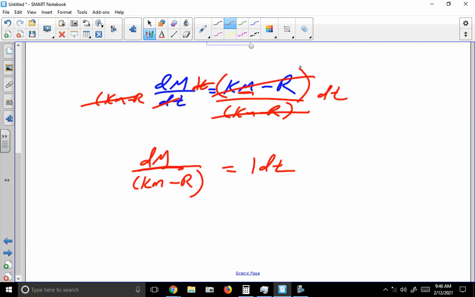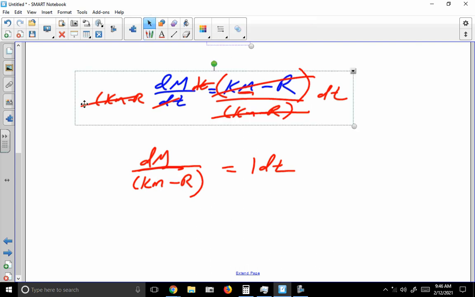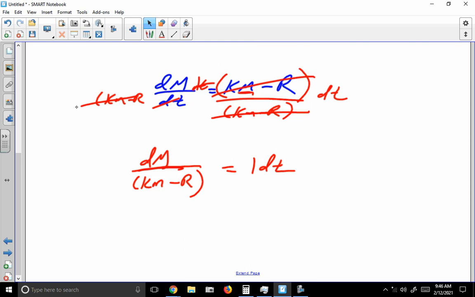We're left with km minus r on the bottom here, but on the right side the km minus r is canceled. So on the right side we're just integrating a constant, so we pick up our variable and then plus c.